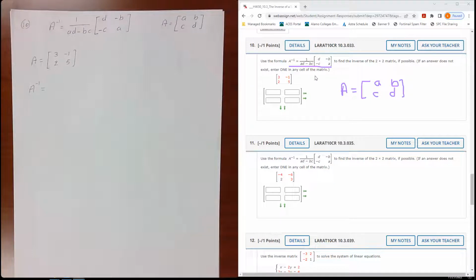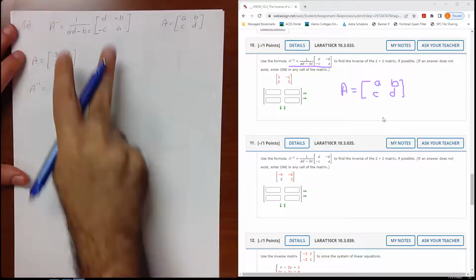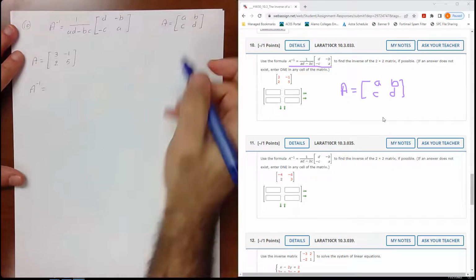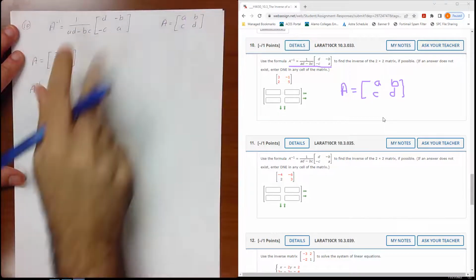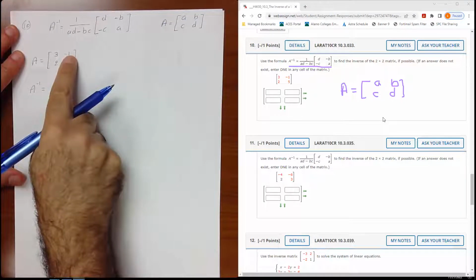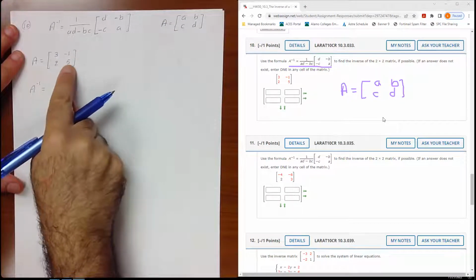If they ask you to use this rule to find the inverse, keep in mind, here's the matrix A, B, C, D, so I can use this formula. If you change the location, you're going to get something wrong here, and you're going to get the wrong answer. So here is the formula, and here is the matrix A, B, C, D. So let's use this formula. That means this is A, this is B, this is C, and this is D.